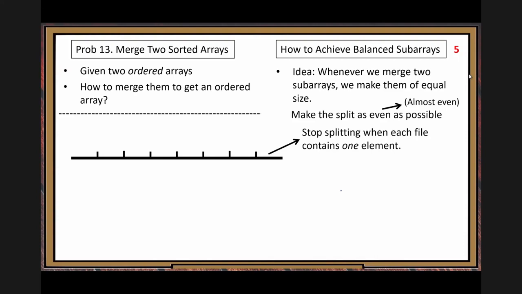When the current subarray size becomes only one element. You cannot split anymore. With one element, how can you split any more? You have to stop when you reach the one-element subarray. Then you can start merging, because you reach the very bottom.